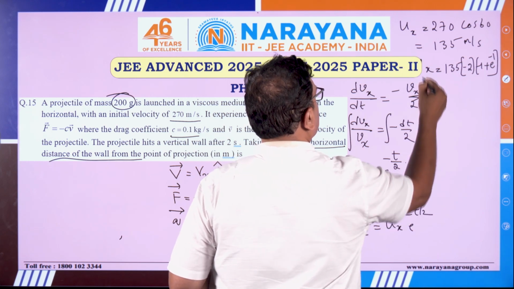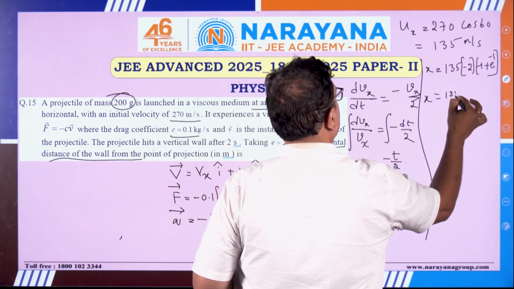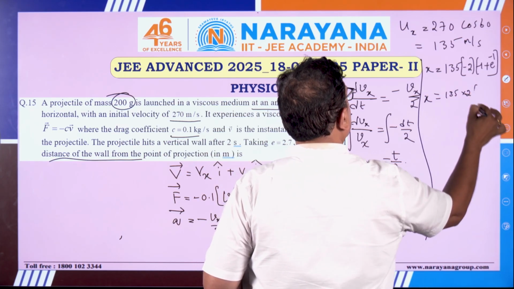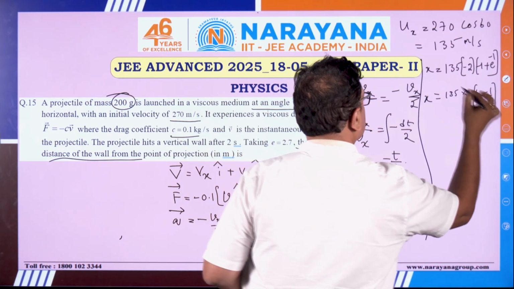X is equal to 135 into 2 into 1 minus 1 by e.